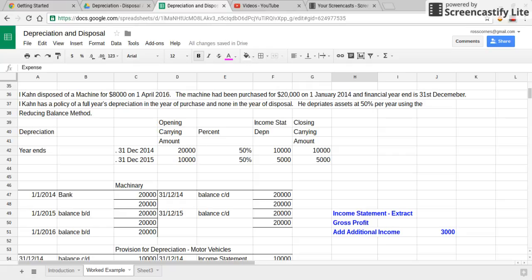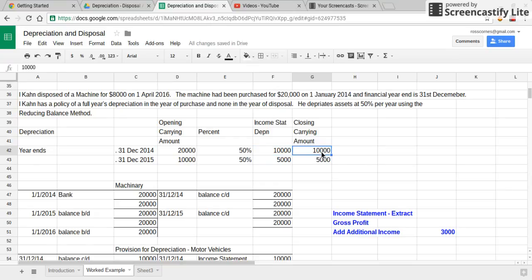So with reducing balance, it's slightly more complicated just calculating the depreciation for each year. For the first year, the year ending 31st December 2014, it had an opening carrying amount of 20,000. It's going to do 50% depreciation in the first year. So that means it's going to send $10,000 worth of depreciation to the income statement.